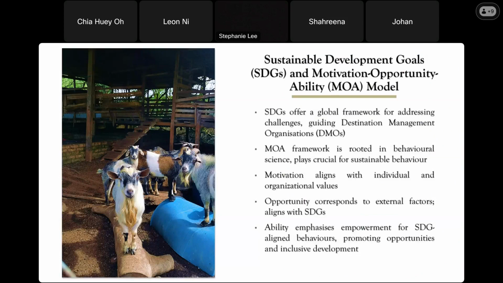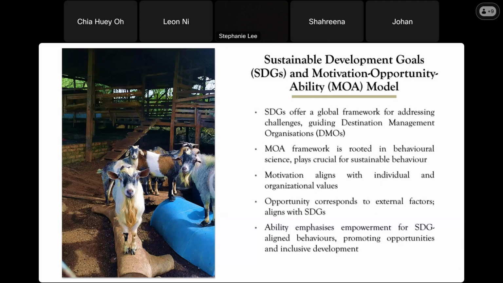This framework extends its arm to DMOs, Destination Management Organizations, which are strategically positioned to contribute significantly to these global targets. So allow me to introduce the MOA framework, which is deeply rooted in behavioral science. This framework emerges as a critical tool to offer profound insights into sustainable behaviors within organizational settings.